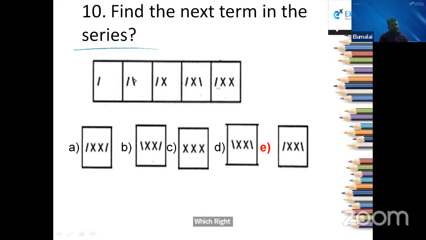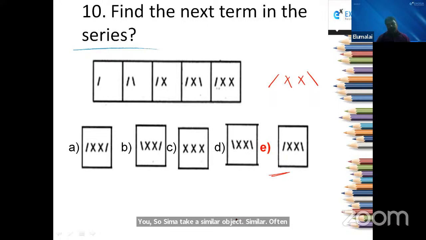Another one is standing towards the right. Then another one is making a cross with that. Now, after that, you have this one. So next cross, the next one must be towards the right, isn't it? So here this X did this. So a similar figure is there in option E. So option E can be the possible answer.